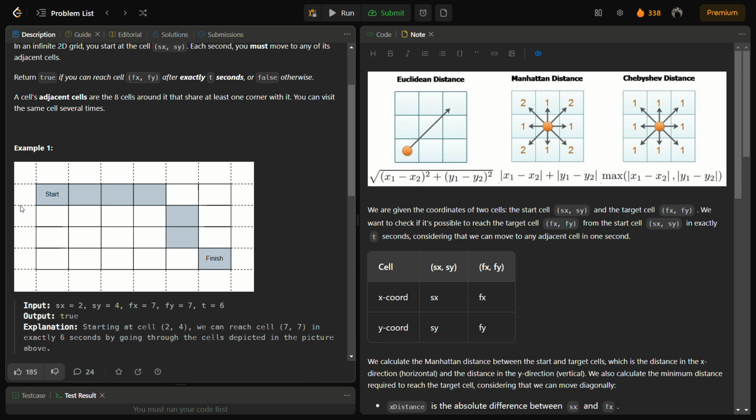Like you can see, we have a start, we have a finish. So we actually need to calculate the mod of x1 minus x2 and y1 minus y2. And because in grids we are not moving, you can say, diagonally.